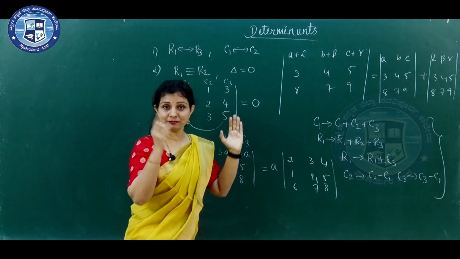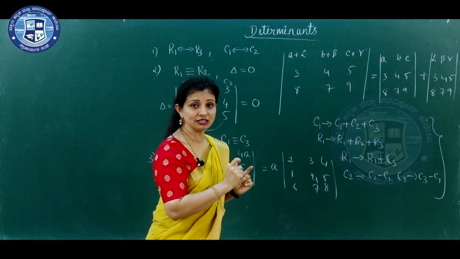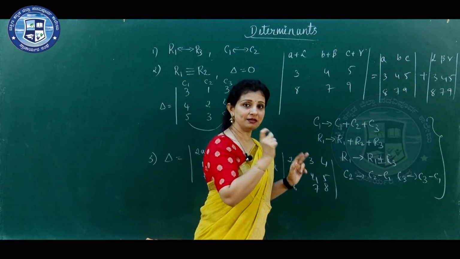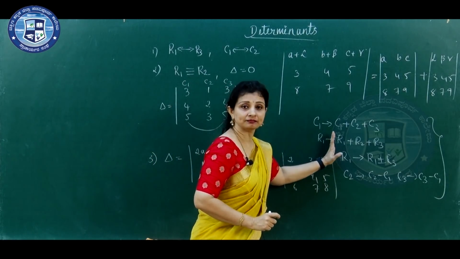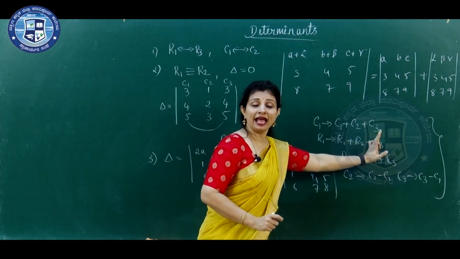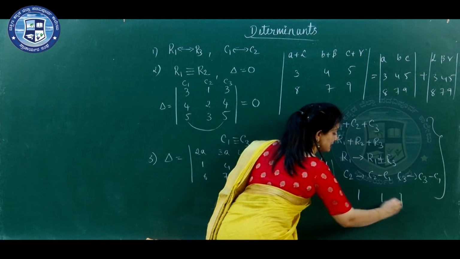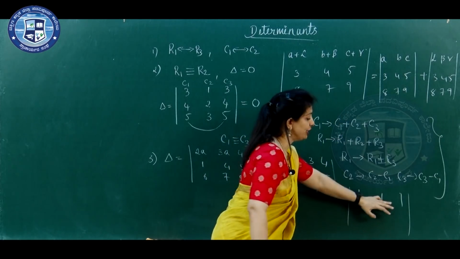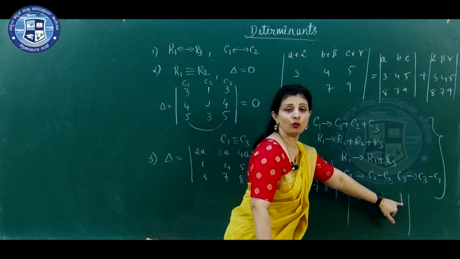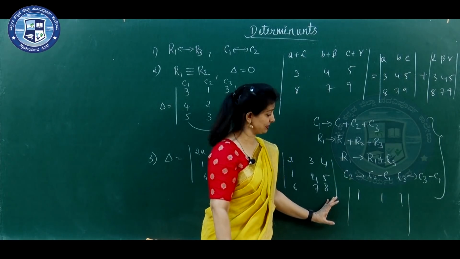So, according to the property, you can take the common term out of the determinant, so that each element of any row or any column can be made as 1, 1, 1 in this way. It is possible to get any row or any column, each element as 1, since the common term is taken out.